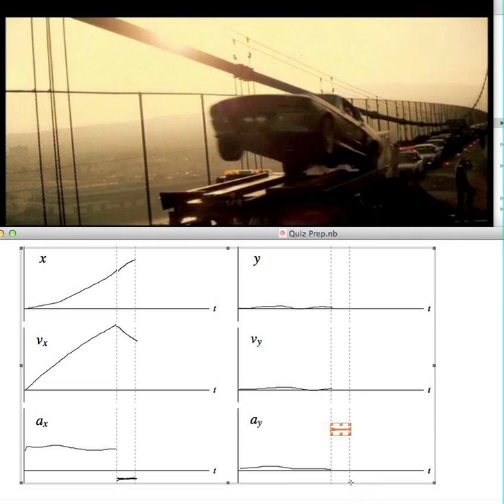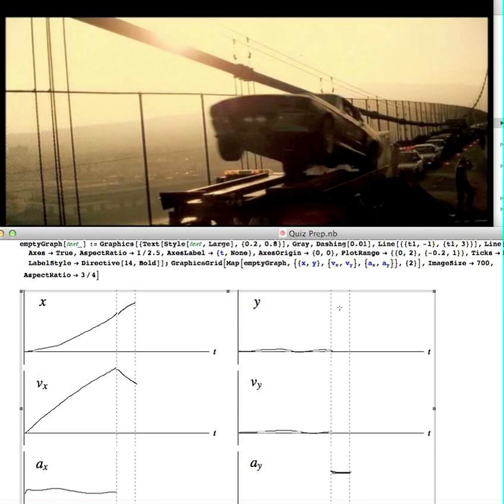And the acceleration, once he's in the air, well, let's look what happens. Actually, so his position went rapidly higher through the ramp. Boom. And his velocity, actually, that should have been parabolic upward.